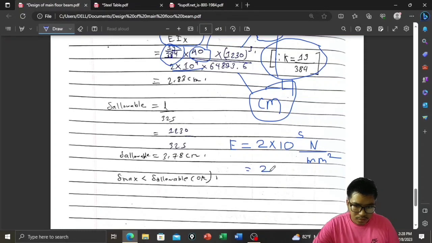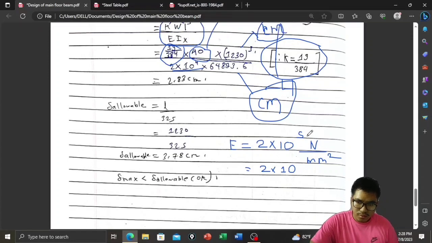To convert this Newton into kilonewton, we divide by 1000, so 10 power 5 divided by 1000 is 10 power 2, and the unit goes to kilonewton per mm square.